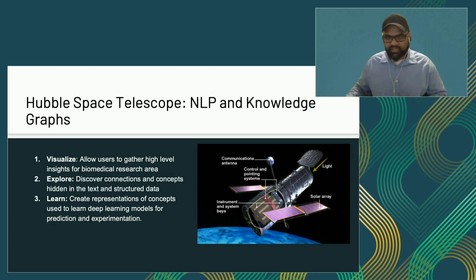By combining NLP and knowledge graphs, we believe scientists should be able to quickly point at a given domain, visualize what it looks like, get an accurate picture of that space, and gather insights quickly. They can also explore all the different connections inherent in their area, learn representations, and make predictions: what are some of the adverse events that are happening?